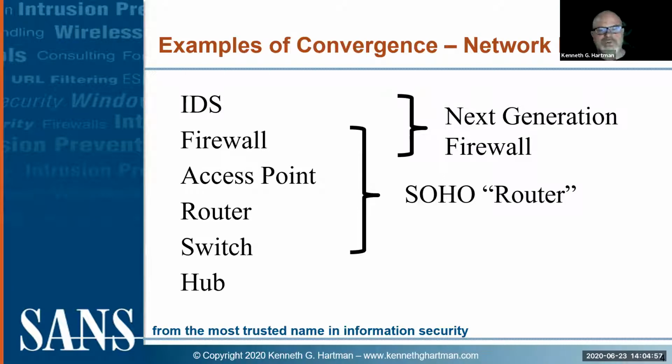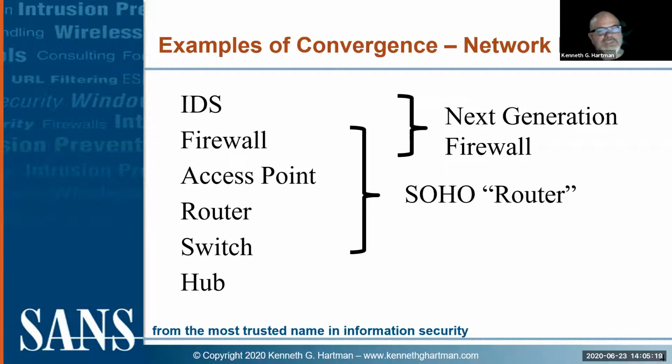So an example of this would be the blending of IDS and firewall technologies to create what many companies market as a next generation firewall. And the bundling of a switch, a router, access points and firewalls into a small office, home office, broadband router.